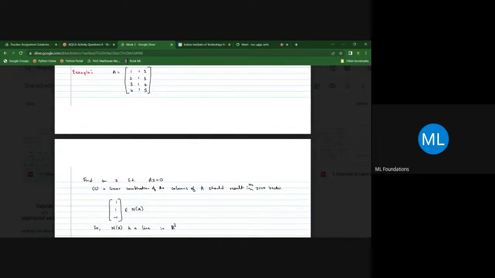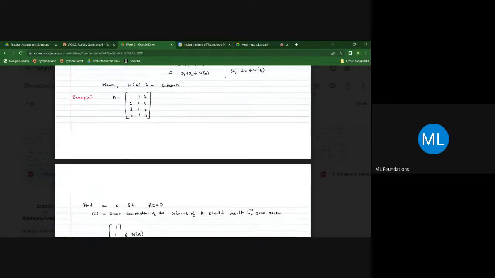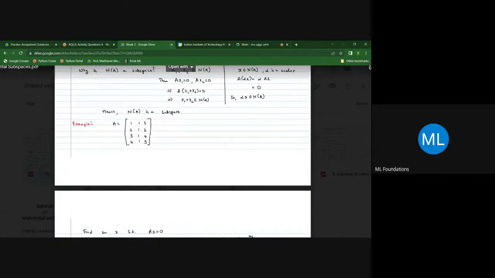So why should the linear combination of the columns of A result in the zero vector? See, when I told you that column 1 plus column 2 equals column 3, that basically means column 1 plus column 2 minus column 3 equals 0. This is nothing but C1 plus C2 minus C3 equals 0.